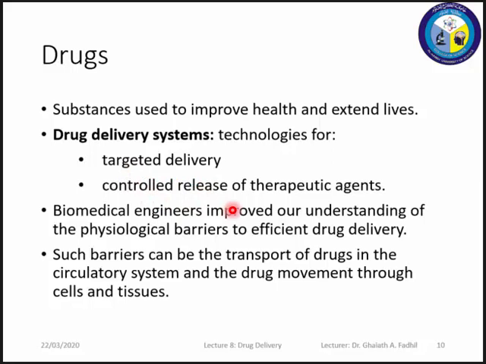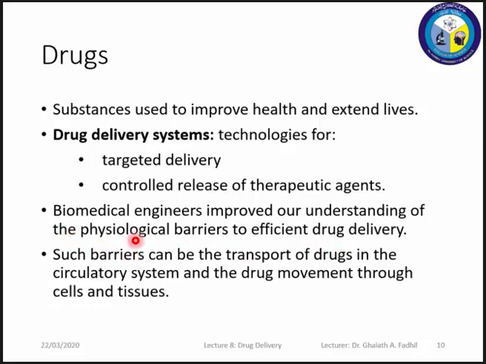And we have come a way in improving that in terms of the size or the dose of the medications, and this became possible with the help of biomedical engineers who helped to improve our understanding and our utilization of drugs.